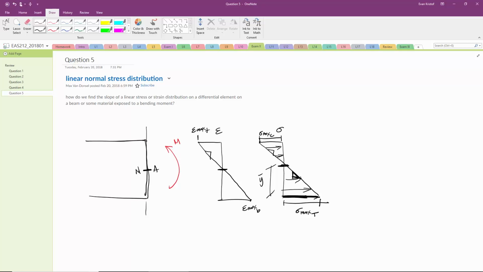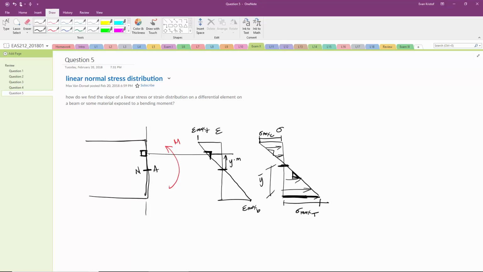Now, when he says differential element, I don't know if he means, well, what if we were looking at this little piece right here, and that would simply be a matter of, if you know what the slope is of any of these diagrams, it is multiplying times the distance to that differential element. So if you knew what the slope was and you knew what your, well, let's call it y value is, you just do y times whatever the slope is, and then you could calculate for a given point what that stress is going to be on that differential element.